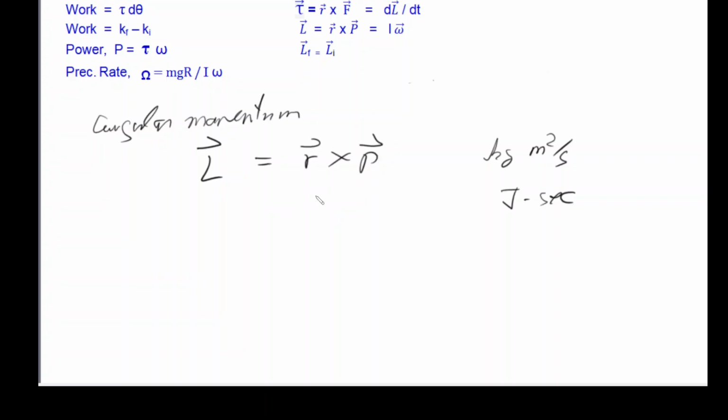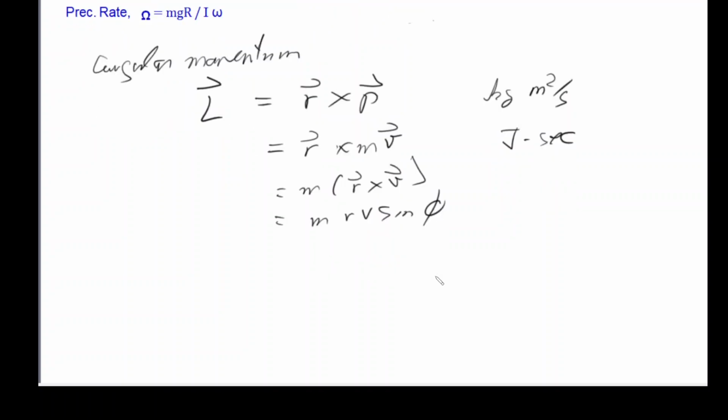And since P is equal to mv, we can say that that's equal to R cross mv, or m times R cross v, or m times RV sine phi. Different ways of finding angular momentum.